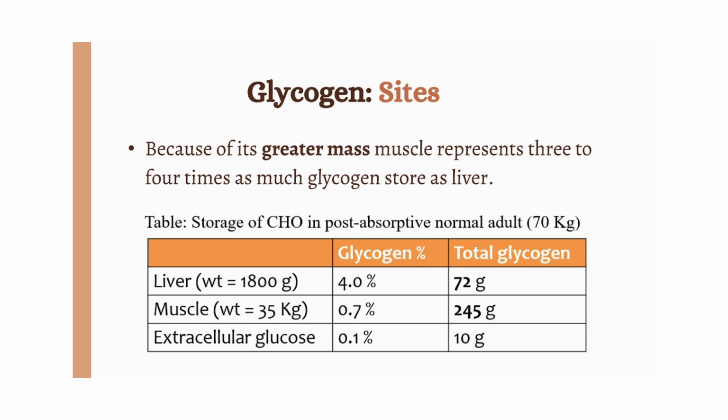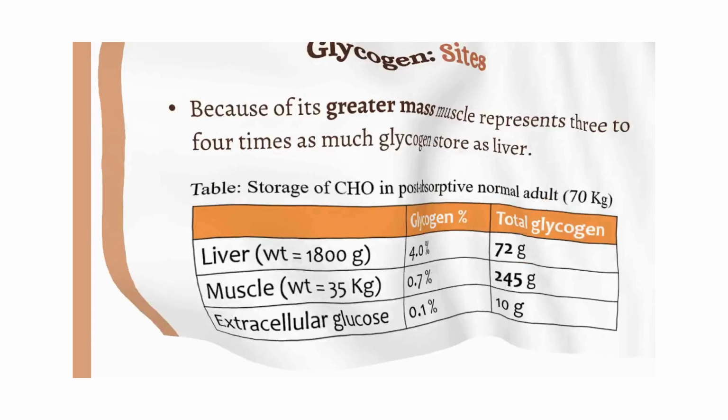In fact, muscles can store up to 3 to 4 times as much glycogen as is stored in the liver. In a 70 kilogram normal adult in a post-absorptive state, the liver can contain up to 72 grams, while the muscles will contain up to 245 grams of glycogen.